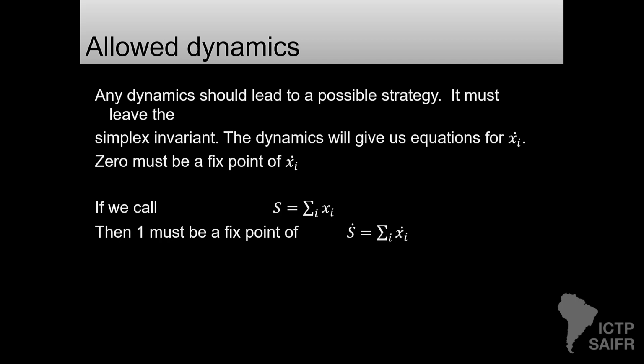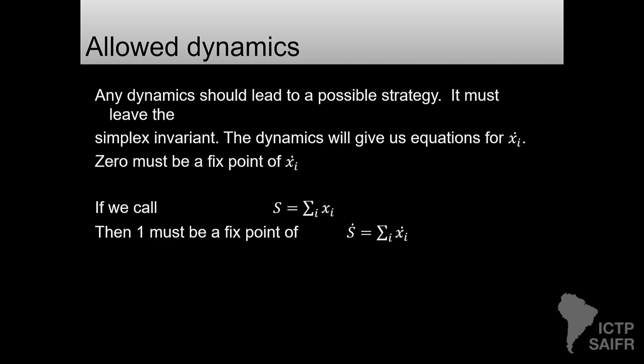The first one is that if S is equal to 1, which is true if I am choosing a right strategy, then 1 should be a fixed point of the dynamics. And the other situation is that suppose I start with a given point here for which one of the components of the vector x is equal to 0.